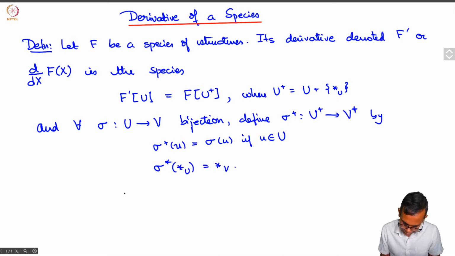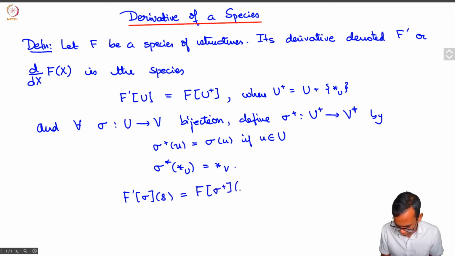Then transport of structure is defined by f prime sigma of s is f sigma plus of s for every s in f prime.